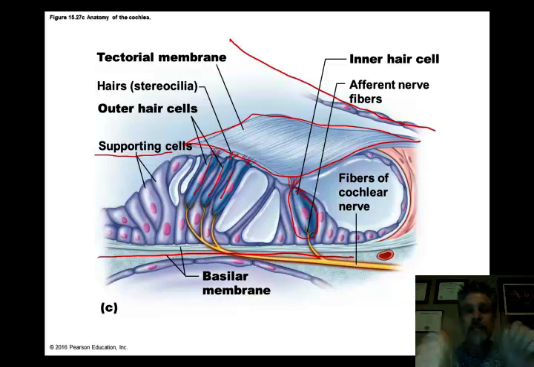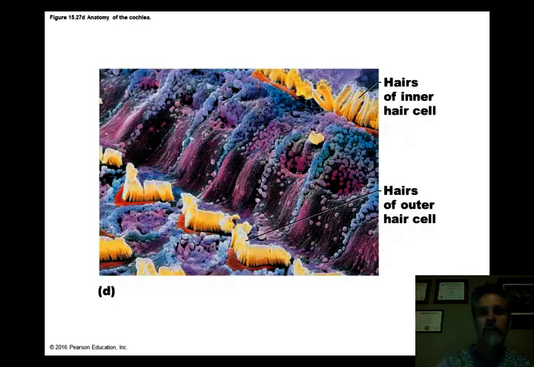And when they flex, kind of like an ice cube tray, that's going to open up channels, and that is going to then stimulate that cell and give us our membrane potential change that's going to then relay as a signal into the peripheral nervous system, that vestibulocochlear nerve, and into the central nervous system, into the brain. So in fact, you can see here in this scanning electron micrograph those hair cells. So you can see inner hair cells here and outer hair cells out here.